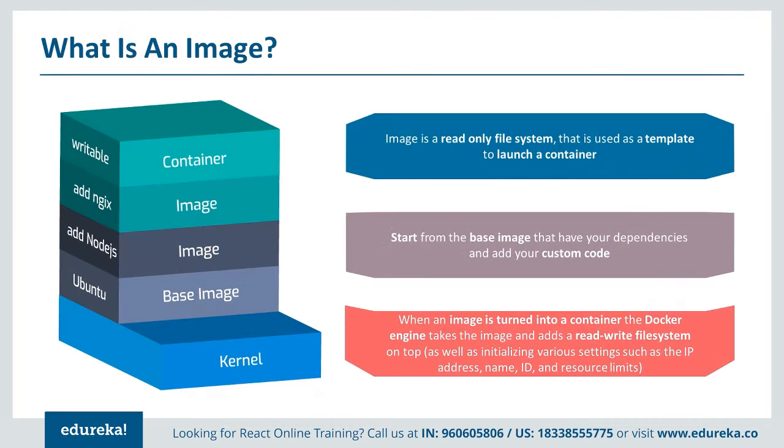Now, particularly, what is an image? An image is a read-only template used to launch a container. Like we are pulling the node image there, and we can create our own image. Start with the base image that has your dependency and add your custom code. When an image is turned into a container, the Docker engine takes the image and adds a read-write file system.